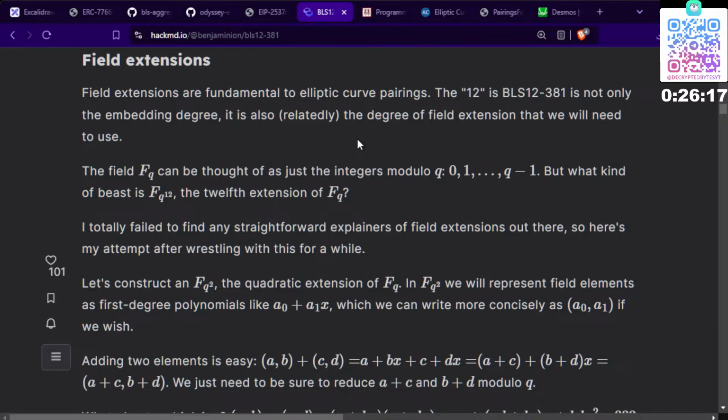We will represent the field elements as first degree polynomials like a0 plus a1x, which we can write more concisely as (a0, a1) if we wish.